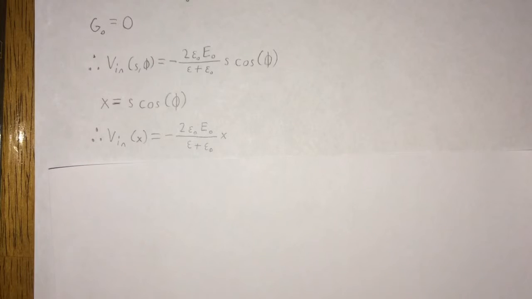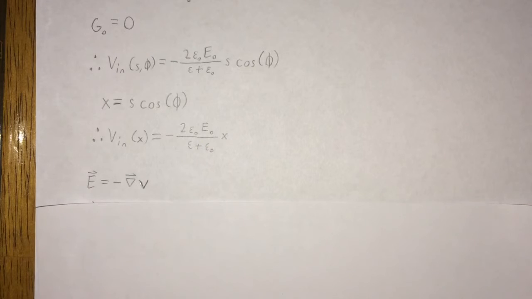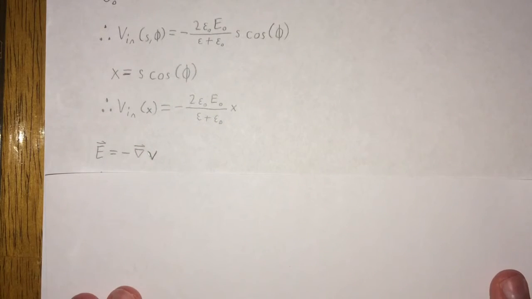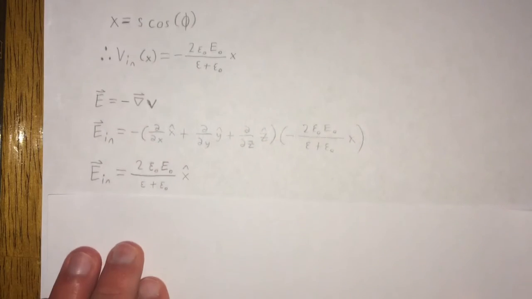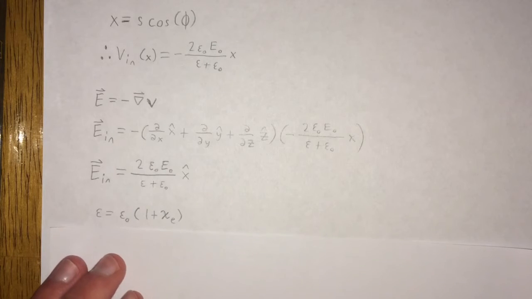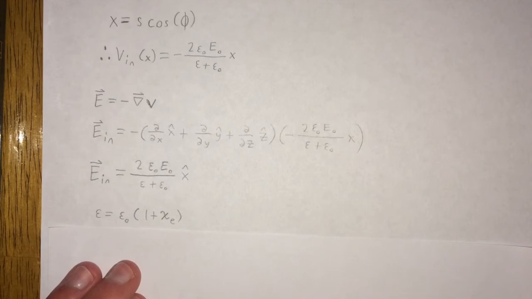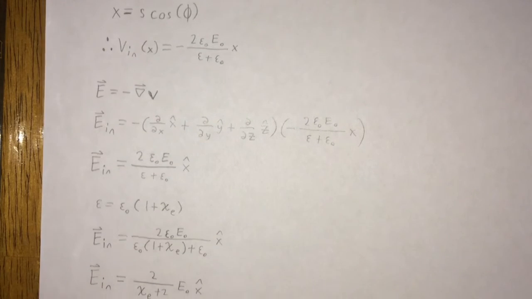Now that we have the potential for inside the cylinder, we can find the electric field inside the cylinder using this equation, which results in 2 times epsilon naught times E naught divided by the sum of epsilon and epsilon naught. And finally, by using the definition of the permittivity of the material, we end up with this equation.